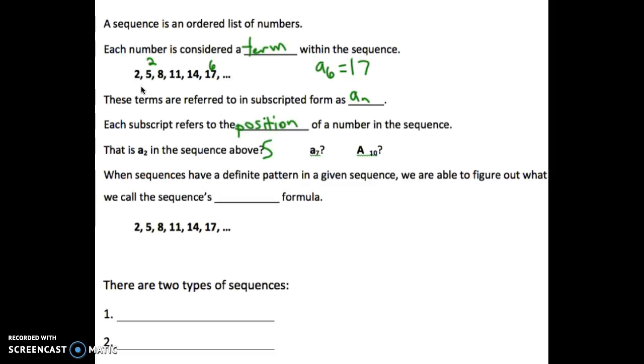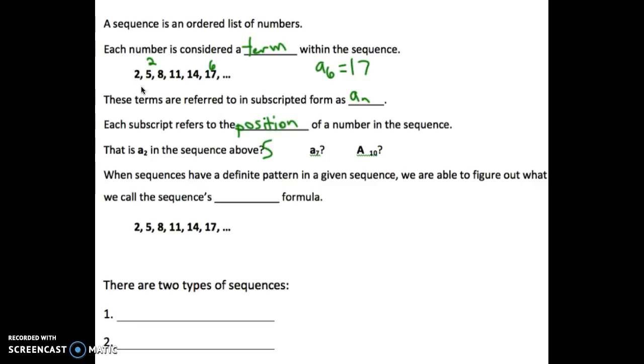In order to find a sub 7 and a sub 10, you're going to have to consider the pattern. These numbers are going up by a specific number each time. You're going to have to consider what that number is, and then hopefully in class we can go over a sub 7 and a sub 10, and hopefully you'll be able to know what they are. I'm not going to tell you what they are.